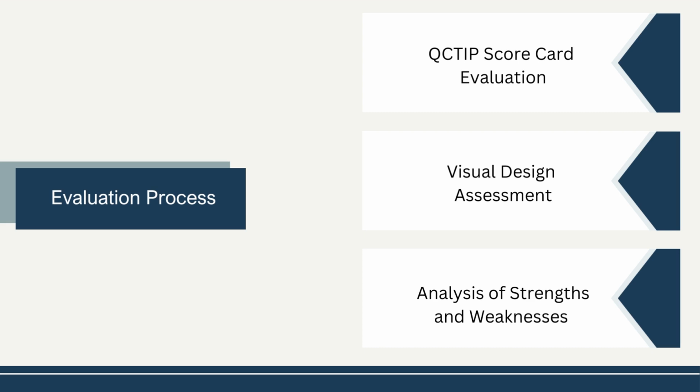The following 3-step process was used. First, the OLC quality scorecard, referred to as QTIP, was used to take a detailed assessment of the course content. Next, the course's overall visual design was assessed. And finally, an analysis of the strengths and weaknesses were reviewed using the QTIP scorecard as reference.